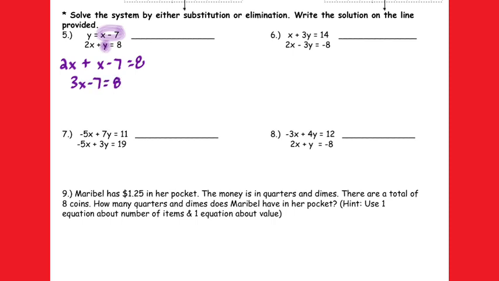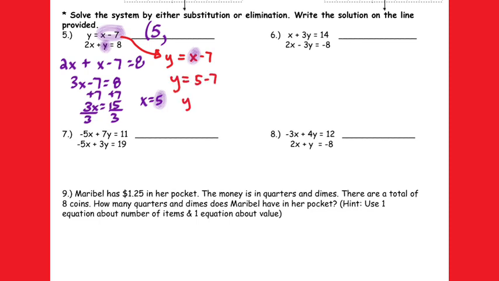And after this it is just chapter 1, combining like terms and isolating the variable. So we're doing PEMDAS to evaluate the expression and SADMEP to solve. And we get that x is 5. Then you substitute it back into the y equals equation to solve for y. Now we know x is 5, 5 minus 7 is -2, and we have that one solution.